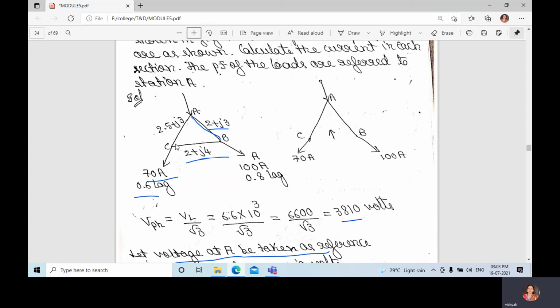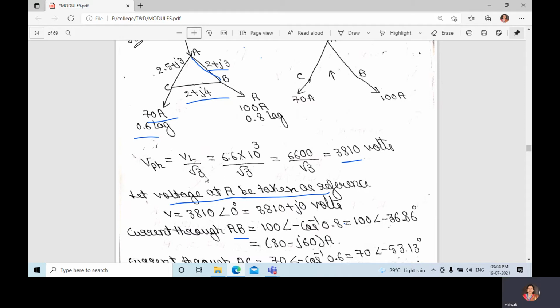From A to C, two currents will be flowing, I1 plus I2, that is the ICB current and the IBA current. Two currents will be flowing between A and C, so they will add them while solving for the current in section AC. They will add the current in section CB also.